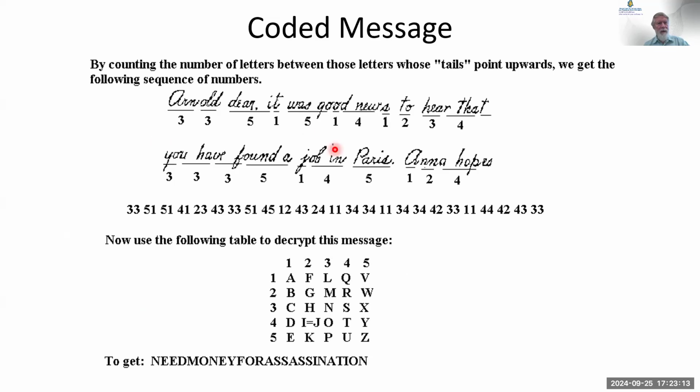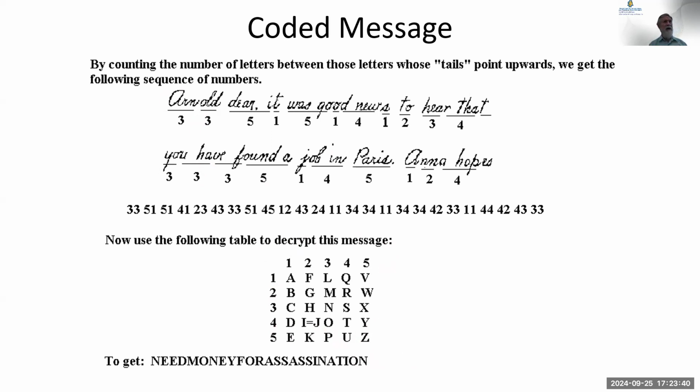Some ways with writing: there's an example, a crazy way, where they have tails of letters that swoop up. If it swoops up, that's the end, so you count how many letters until you get a swoop. There's 3 here, 3 there, 5 there. You get a string of numbers, and in this case it's a substitution cipher where you pair up the numbers. Here they have 25 characters. Remember, there are 26 letters in the alphabet.